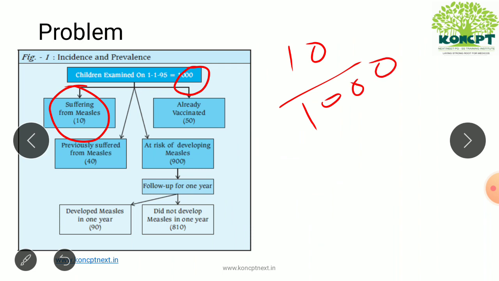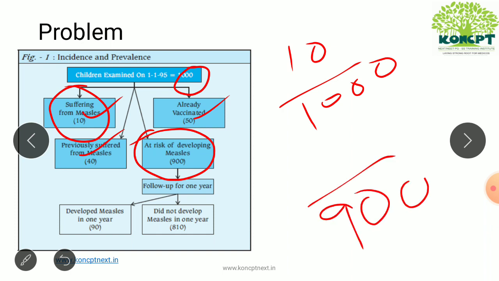Whereas when we go for incidence, we see that those suffering from measles are 10, previously suffered are 40, and also vaccinated are 50. So the at-risk population is only 1000 minus 100, that is 900. The denominator, the population at risk, will be 900, and at the end of the follow-up of 1 year, 90 of them develop measles. So this is incidence.